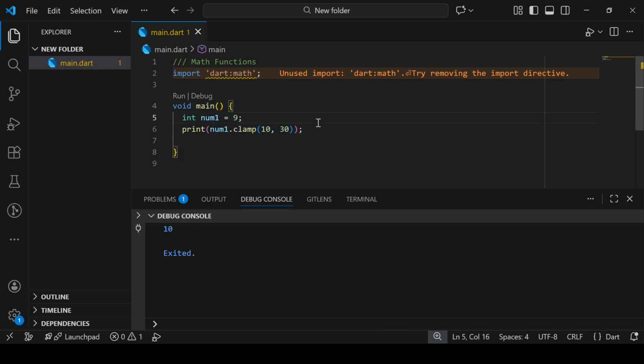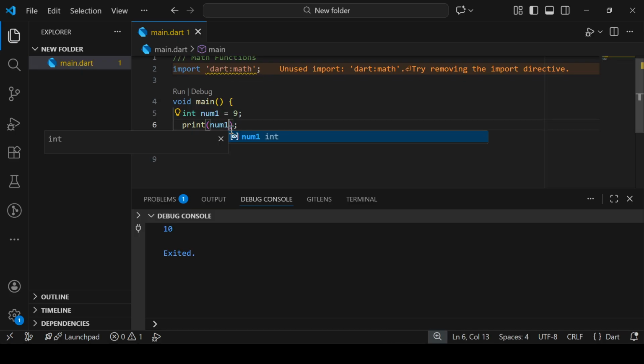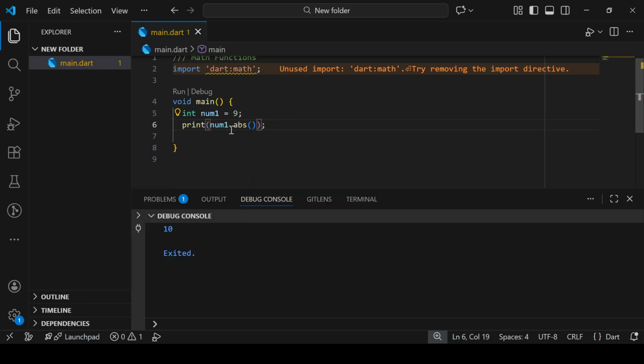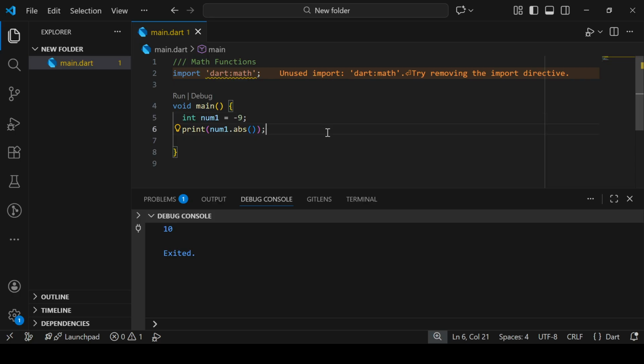Okay, so now I move to another function of math. Here the function is dot abs. Okay, abs, absolute values, this returns absolute values. If I write here -9, it removes this minus sign and returns this value.